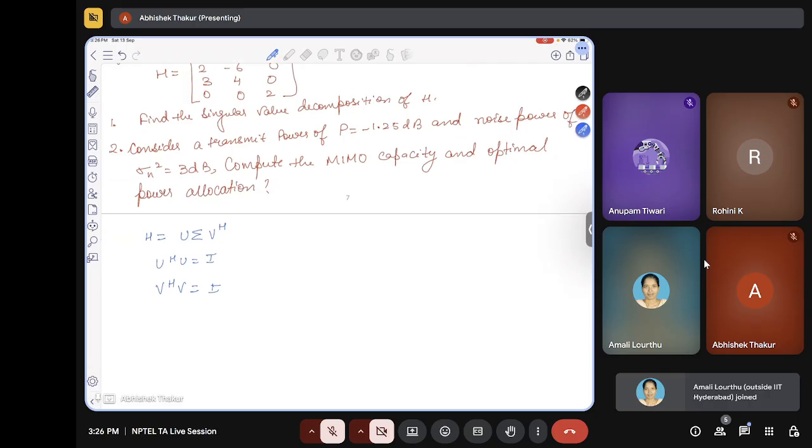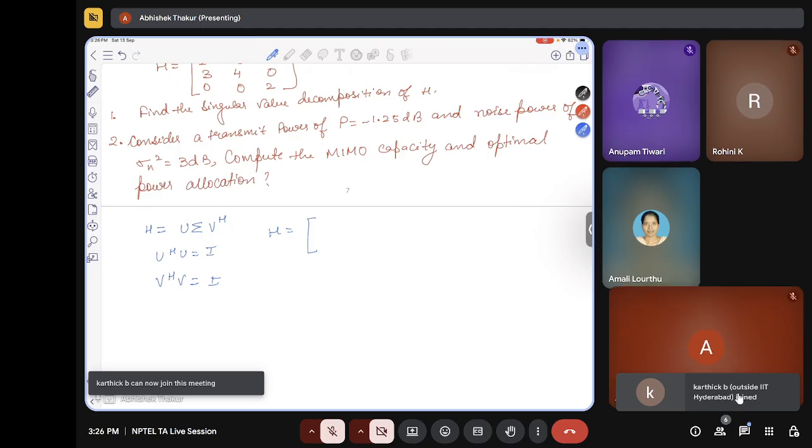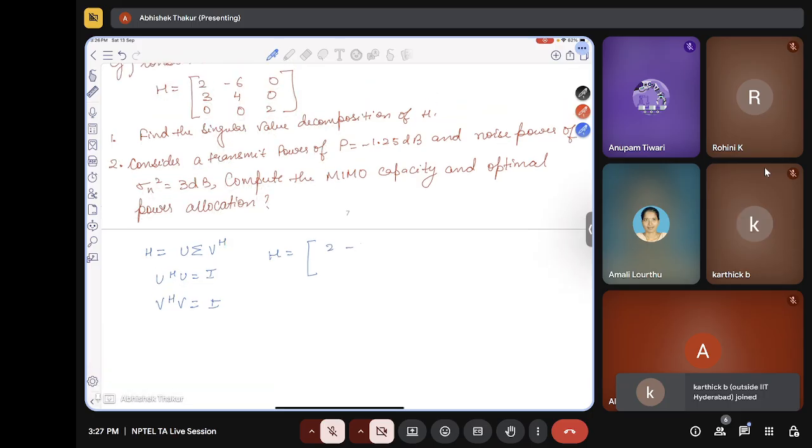So our H is given as 2 minus 6 0 3 4 0 0 0 2. The first thing we will do is normalize each column. So first we will see the magnitude of this column. So this is square root of 4 plus 9, 13.